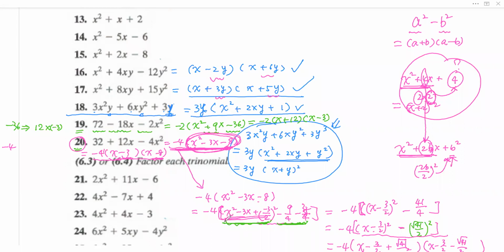One is to make a perfect square: we add one term and minus one term to make it a perfect square. And second, we change this into a squared minus b squared, so we get (a plus b)(a minus b).